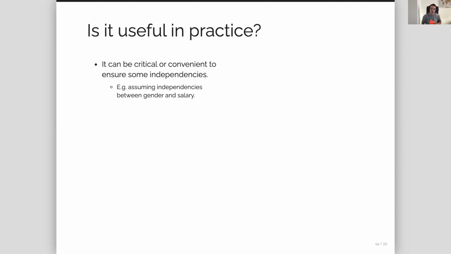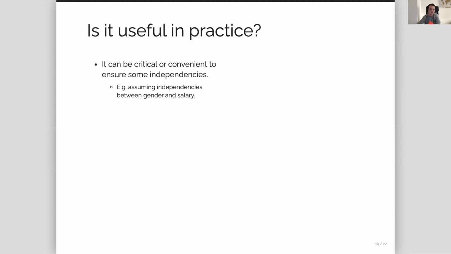So is this useful in practice? Yes, because making assumptions with Bayesian networks may be useful in practice. For example, if you are to model a data set about people and their salary, you could like maybe to ensure that gender and salary are independent from each other.